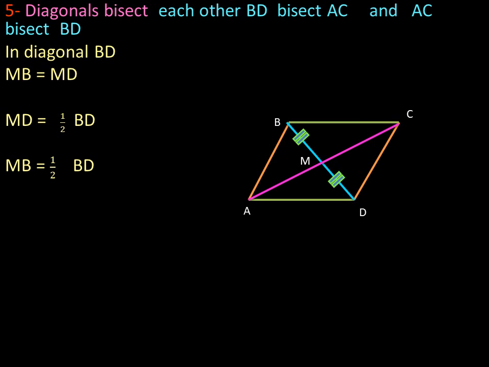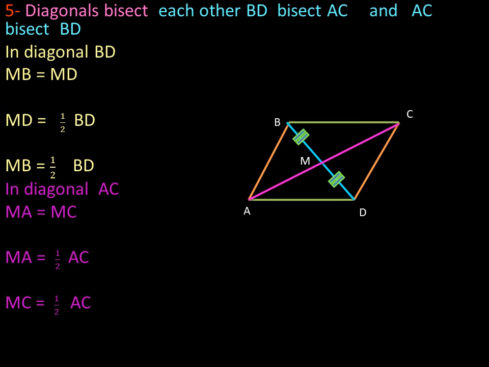When BD bisects AC, because they bisect each other, they do the same for each other. BD bisects AC means that MC equals MA in length, and MA is half the whole diagonal AC, and also MC is half the diagonal AC.